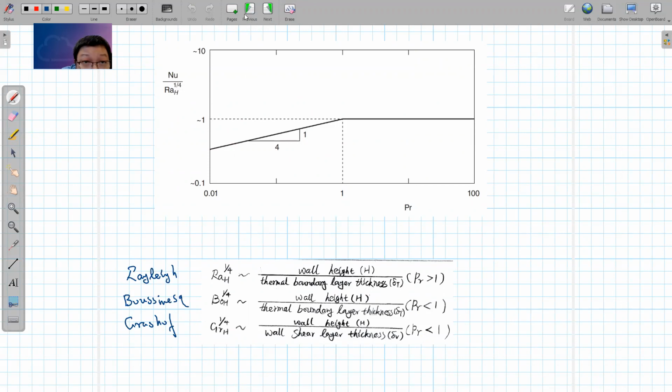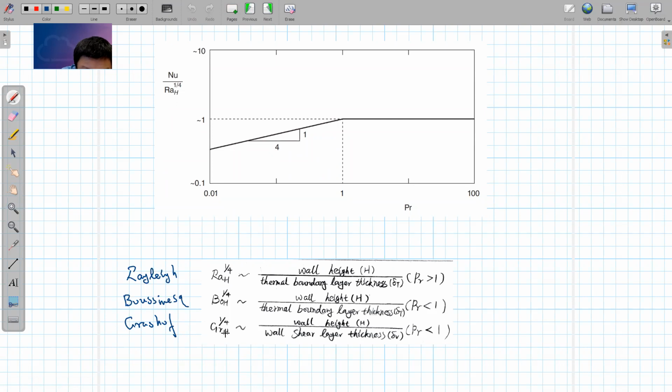And this Boussinesq number can also be interpreted as the wall height divided by the thermal boundary layer thickness delta t when the Prandtl number is smaller than 1.